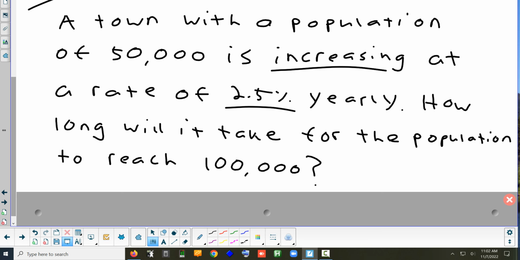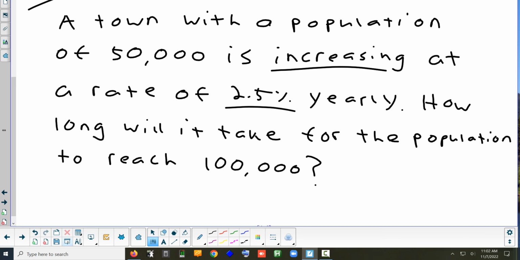If you said decrease at 0.5%, then that would be decay. But an increase of 0.5 is still an increase, it's just smaller. I thought since it was less than 1, it'd be subtracting. No, it's still increasing. Even if it says you're increasing at 0.0001%, it's still growth. It's just extremely slow.